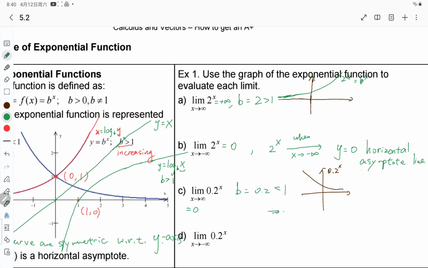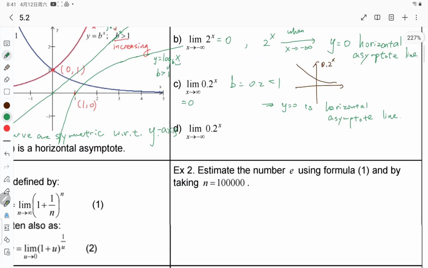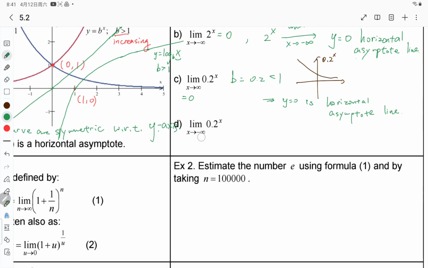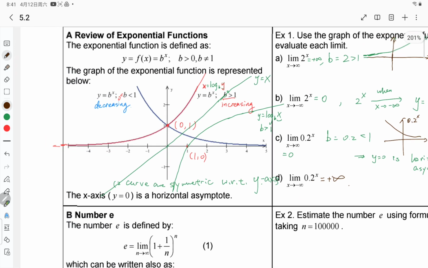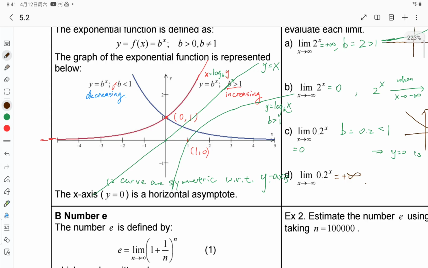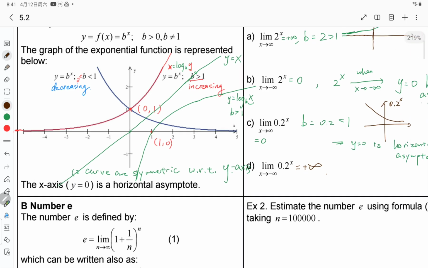So again, y is equal to 0 is a horizontal asymptote. And again, when x is approaching negative infinity, you can see it's going to positive infinity, okay? You can also observe the graph. Oh, sorry, it's a horizontal asymptote.